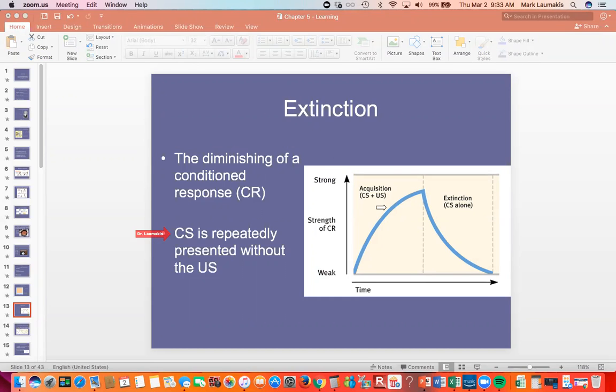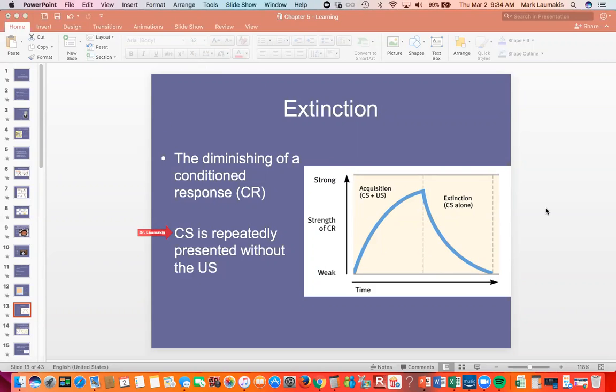Present the CS repeatedly without the US. So if I repeatedly show you Bruno Mars' picture, but don't blow that puff of air into your eyeball, I can extinguish that blinking in response to the picture behavior. I can extinguish it by following that formula, right?